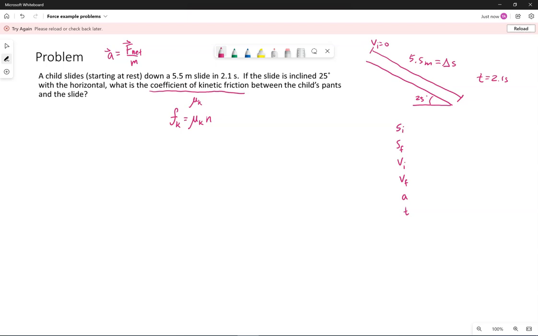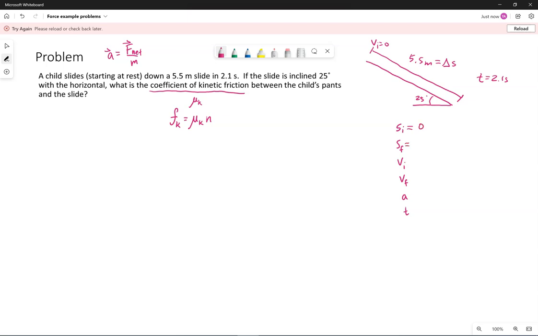So to relate the forces in the problem, which to get to the coefficient of kinetic friction, we need to be able to talk about the force of kinetic friction. So to relate the motion to the forces, I need the acceleration.